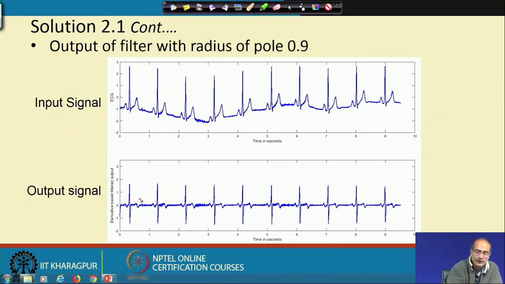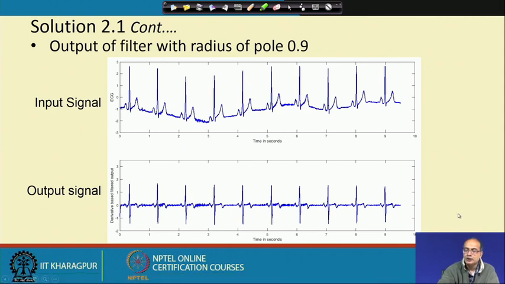I would like to draw your attention here. Something is visible that looks like an inverted T wave. We get an oscillation-like thing in place of the P wave, and it is not just the first one. If you look at any cycle, we get these components. And baseline wandering is completely removed. So, that is the common characteristic for all these cases.